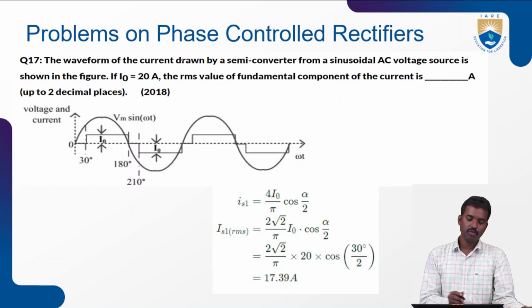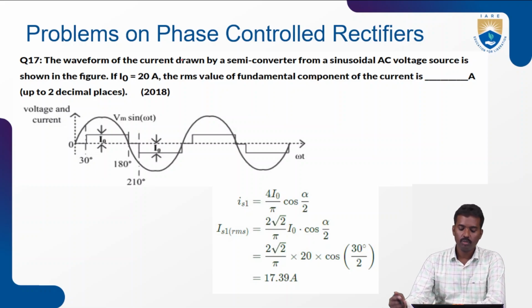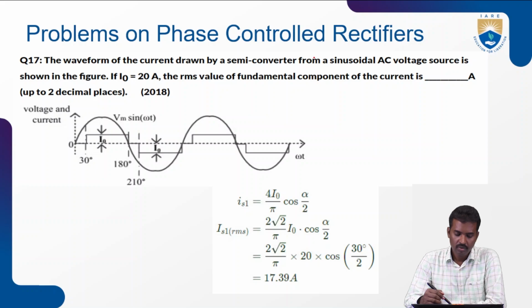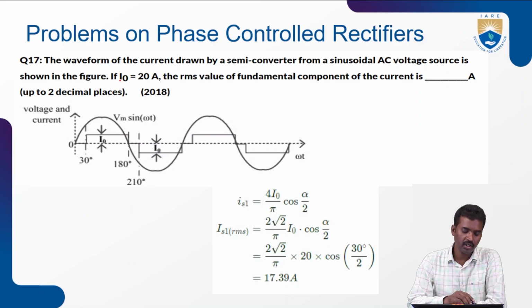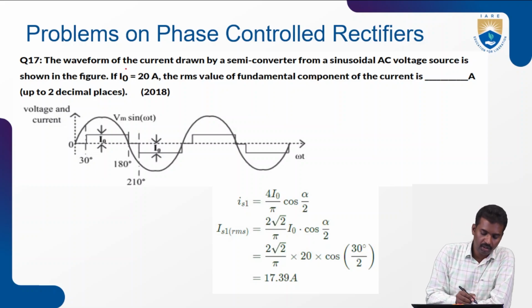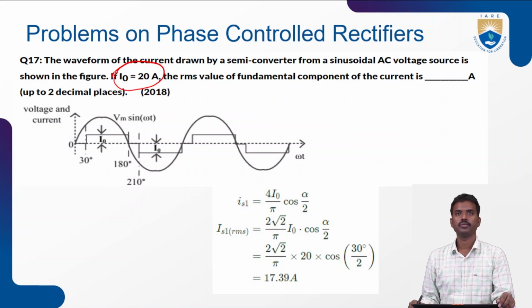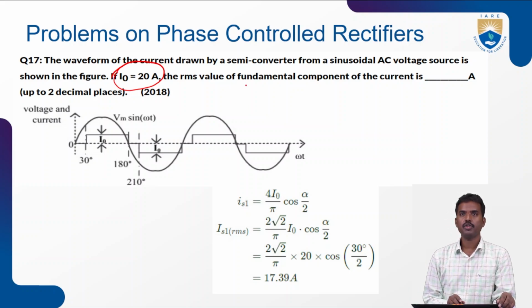The waveform of current drawn by a semi-converter from a sinusoidal AC voltage source is shown in the figure. I0 equals 20 amperes. Find the RMS value of the fundamental component of current. We know this very well.